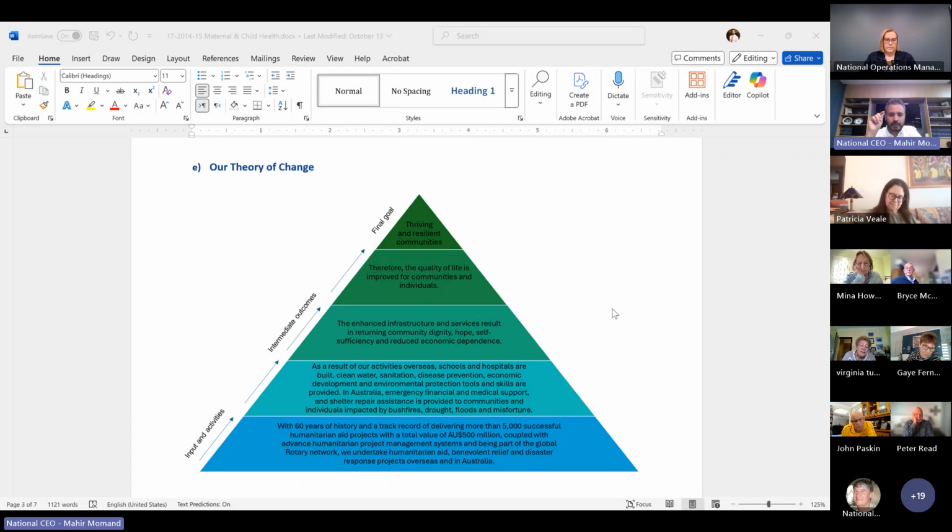So what it says is that with 60 years of history and a track record of delivering more than 5,000 successful humanitarian projects with a value of $500 million, coupled with advanced humanitarian project management systems, being part of the Global Rotary Network, we undertake humanitarian aid, benevolent relief, and disaster response projects overseas and in Australia. So this is our activities, right?